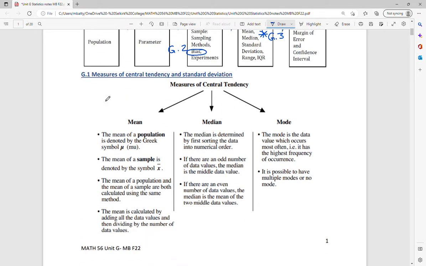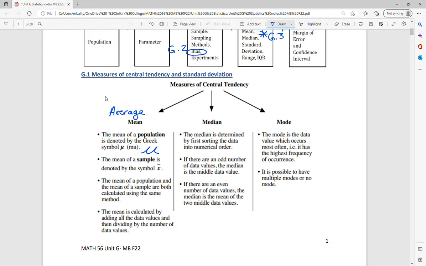So these measures of central tendency sort of measure how the numbers are laid out. So mean, median, and mode, you may have covered in another math course. The mean is the average. It's in our materials represented by the variable mu.